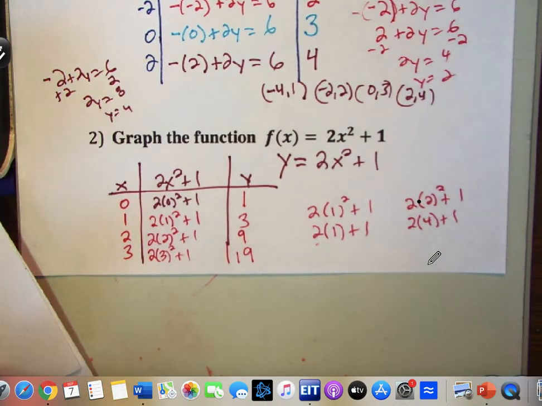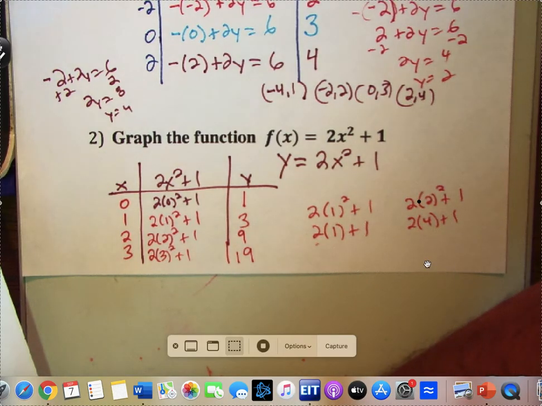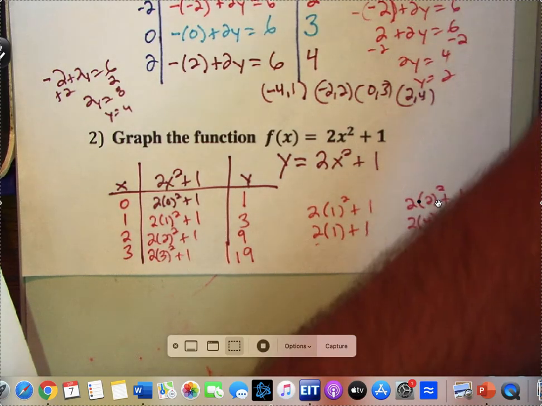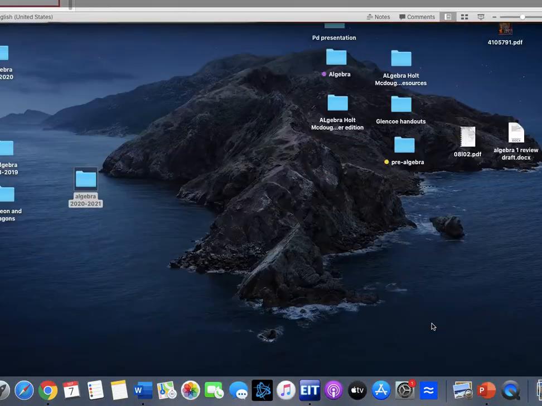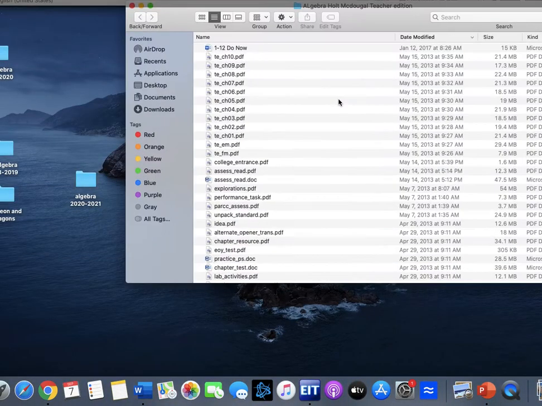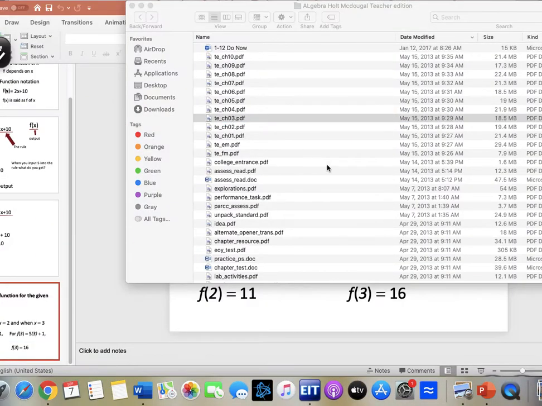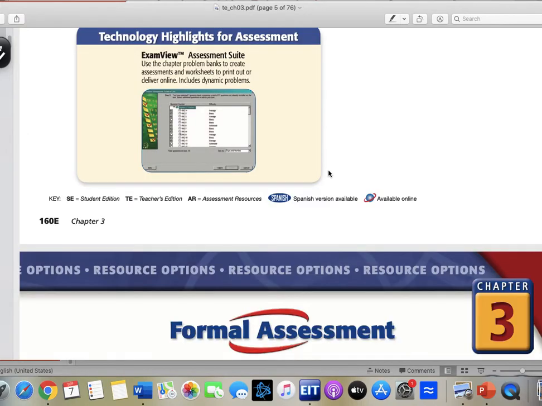Okay, so your classwork tonight, give me 2 seconds here. No, let's keep that. I think it's a handout. Let me double check that. Yep.